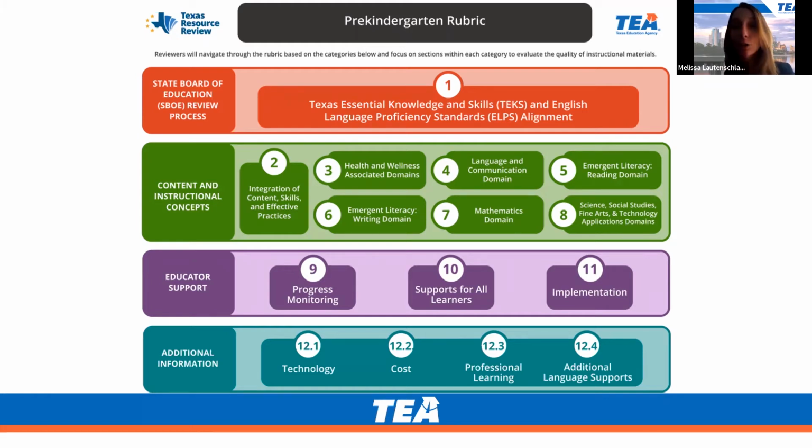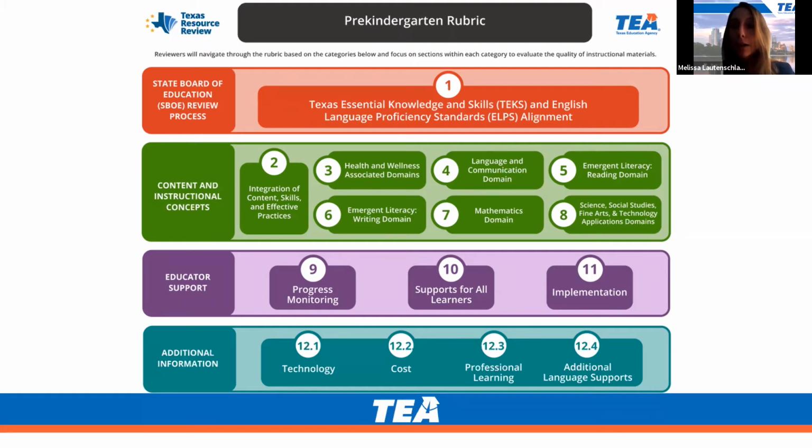There is a section dedicated to supports for all learners, taking a separate lens to look at differentiated needs based on different student groups, and then the implementation supports that are available to support use of the materials.